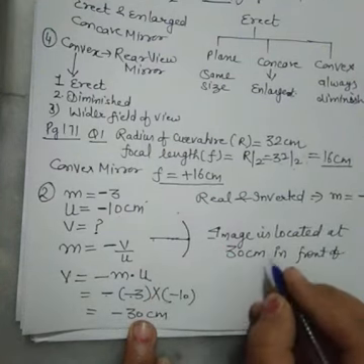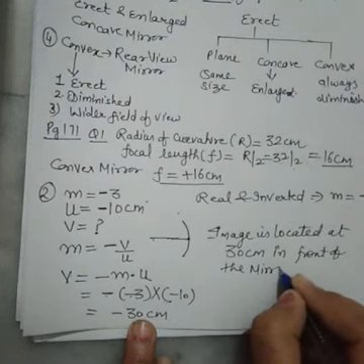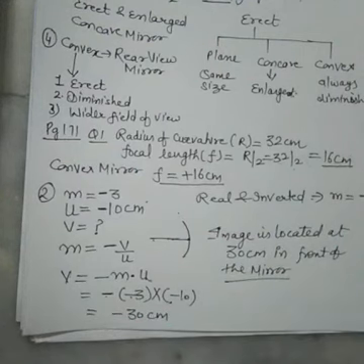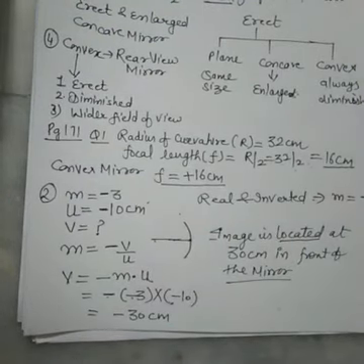So the image is located in front of the mirror. Why am I mentioning this? Because location is asked. So distance is 30 centimeter, but it is in front of the mirror. So that is all about the NCERT in-text questions regarding reflection. In the next video, I will teach you NCERT exercise questions based on reflection.